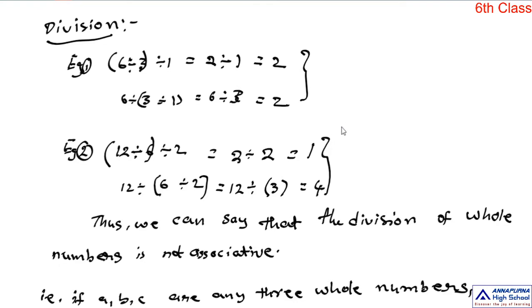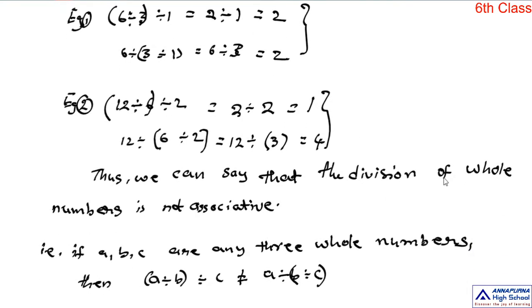Thus we can say that the division of whole numbers is not associative. That is, if a, b, c are any three whole numbers, then (a divided by b) divided by c is not equal to a divided by (b divided by c).